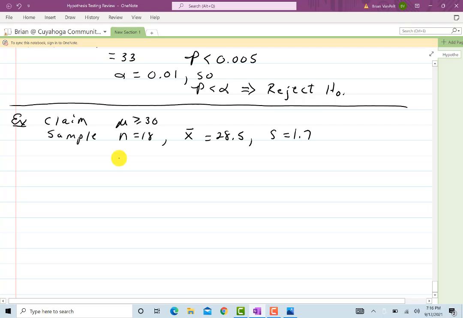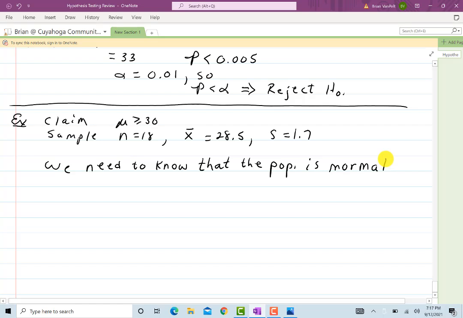So we need to know that the population is normal, since we don't have a large enough sample size to ignore that portion of it. So we are given that. I'm going to check that as that's a given in this style of problem.